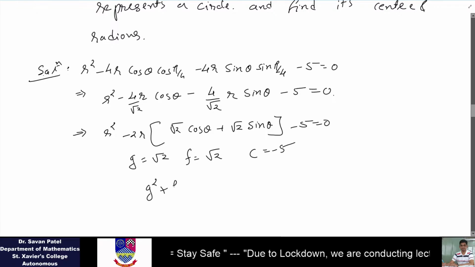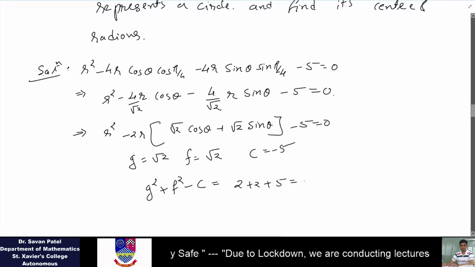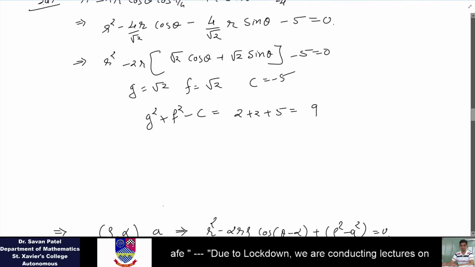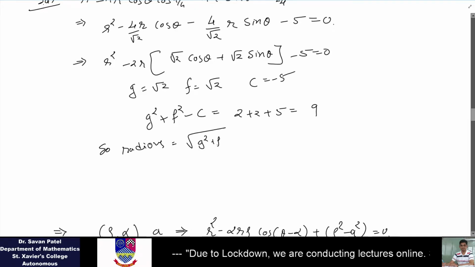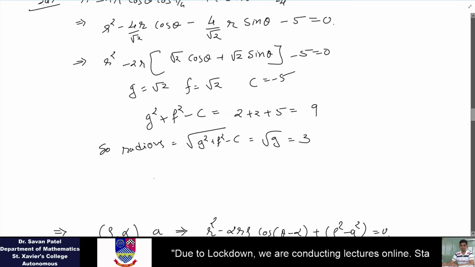So g square plus f square minus c is 2 plus 2 plus 5, it is 9. So your radius is the square root of g square plus f square minus c, that is square root of 9, it is 3.